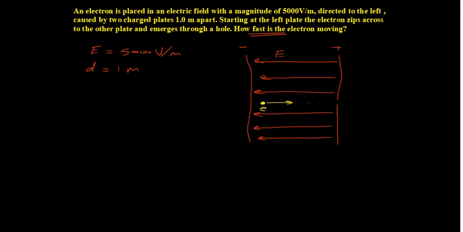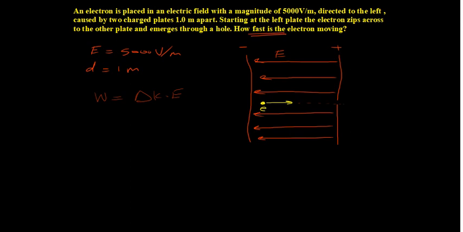Now if you think about the energy conservation rules and the way we learned it before in mechanics, you should remember that work equals change in kinetic energy. In our previous videos, we discussed that the work equals the negative change in the potential energy.